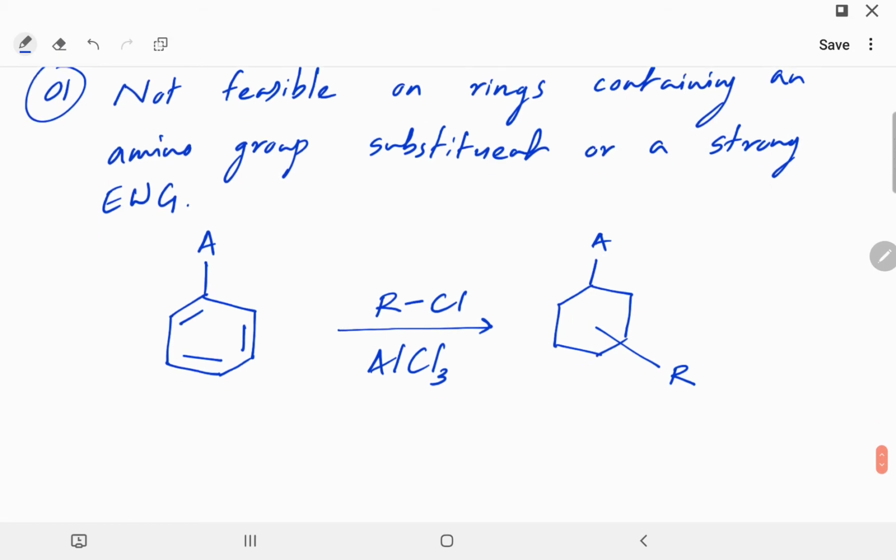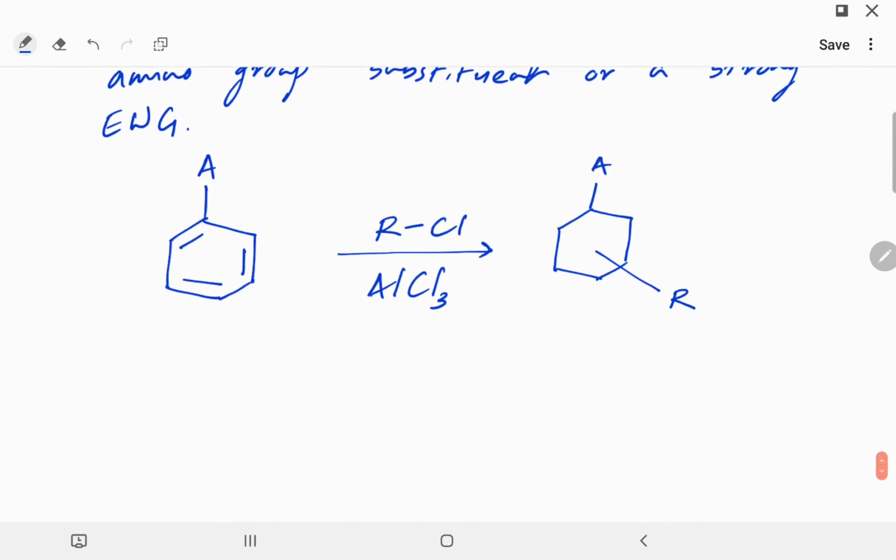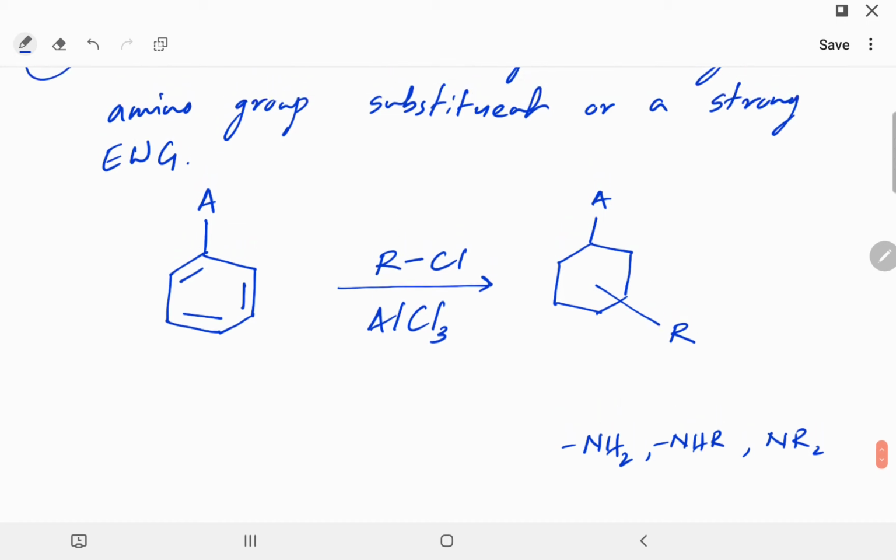Specifically, if this substituent is an amino group, it could be NH2, or NHR, or then the nitrogen could even have two R groups. Or if you have a very strong electron withdrawing group attached to benzene, then this Friedel-Crafts alkylation could have a very negative impact.